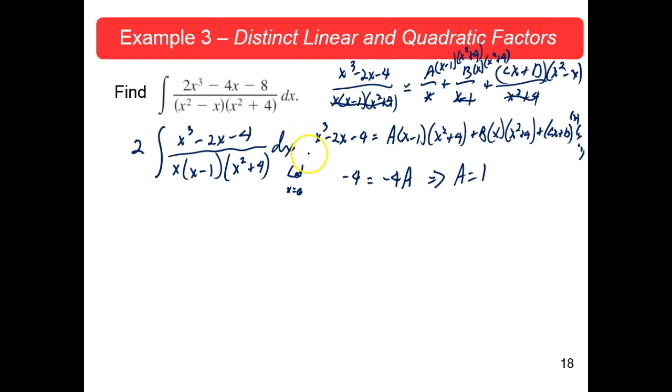Okay, now let's go back to this one and do what? Let x equal 1. So what do we have on the left-hand side? -5 is equal to, on the right-hand side, first one 0, the next one will be x is equal to 1, second, 4b.